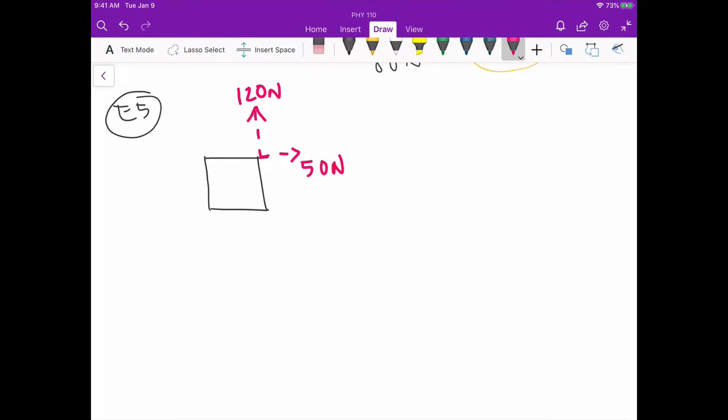So the original force was actually 130 newtons. So the problem asks: what is the work done by the horizontal component, what is the work done by the vertical component, and what is the total work done by the 130 Newton force.